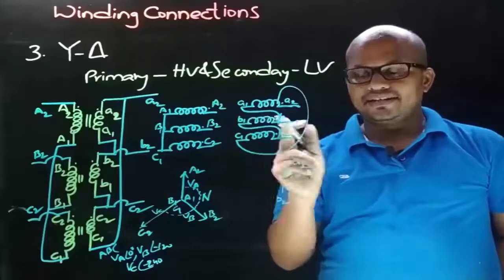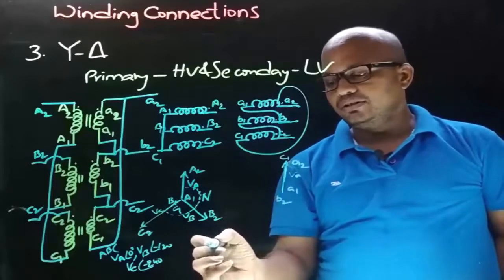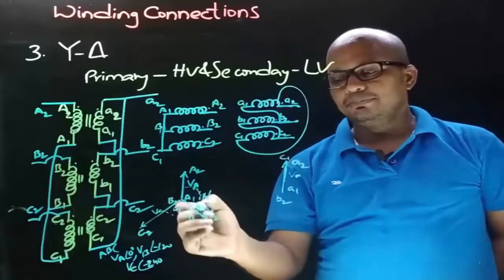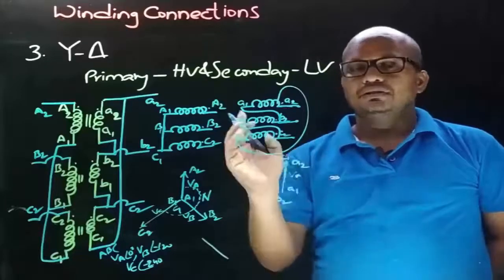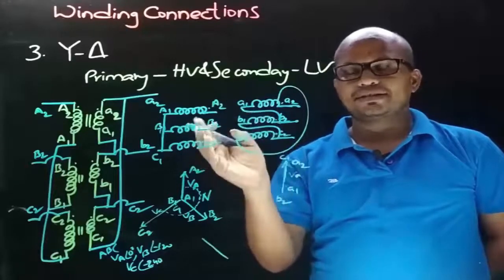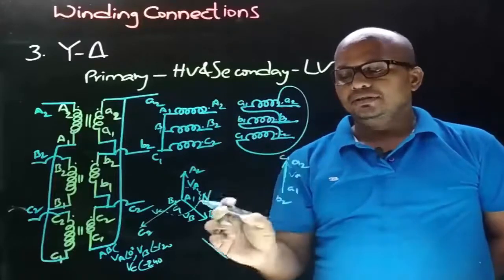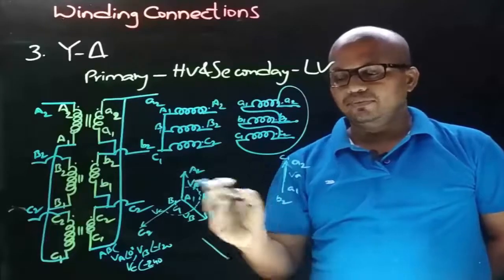Now let's draw the secondary side VB phasor. First let's draw the VB phasor somewhere parallel to the primary side VB phasor, and now we need to decide the direction. As here the connections are taken on dot ends on both primary side and secondary side, the direction of the secondary side phasor will be the same as that of the primary side VB phasor.